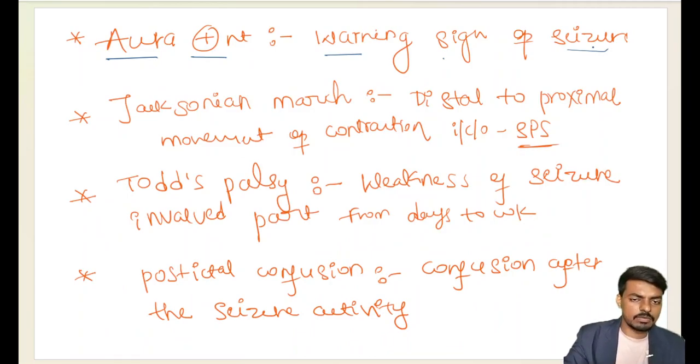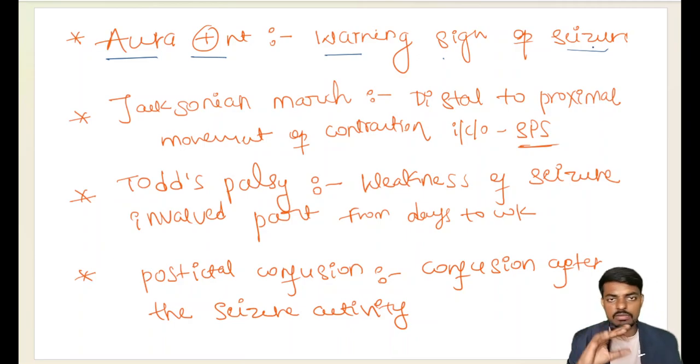It's a warning sign of the seizure, where the patient may feel irritable, restless, and may have a hallucination of smell. Like the patient will say, "I am getting the smell of a rose," but there is no rose around, and still the patient smells it, and he may get a metallic taste also. If these things are present, it's a warning that the seizure is going to occur. That is what we call the aura.